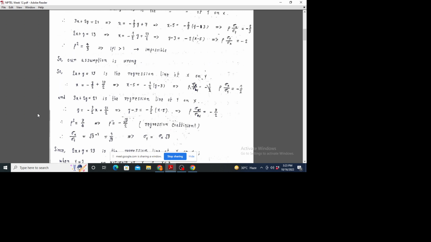There was another option in the question. Since the correlation coefficient rho is minus root 3 by 2, let us put the value of rho in this equation, and after simplification you get this. This is the relation between the standard deviations of x and y. This was one of the options.